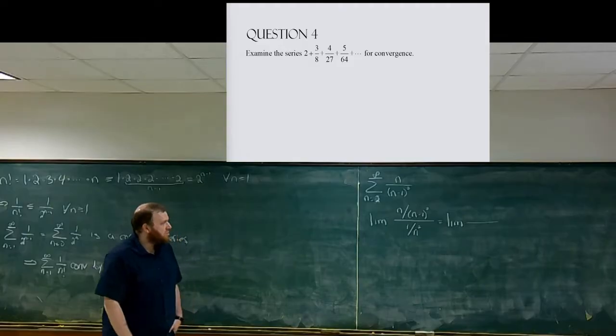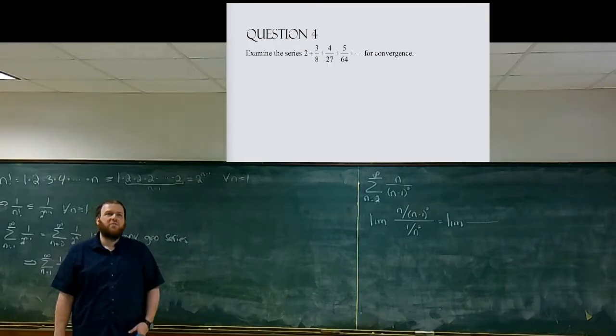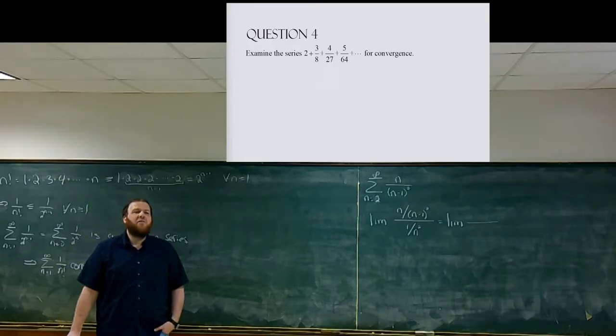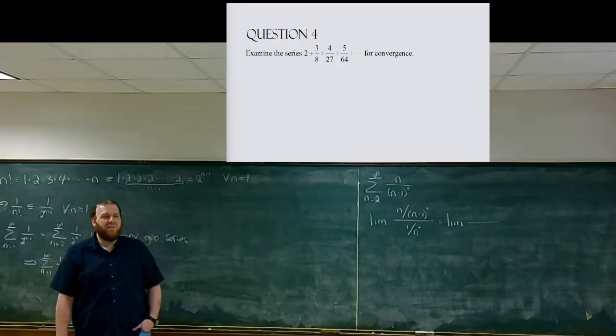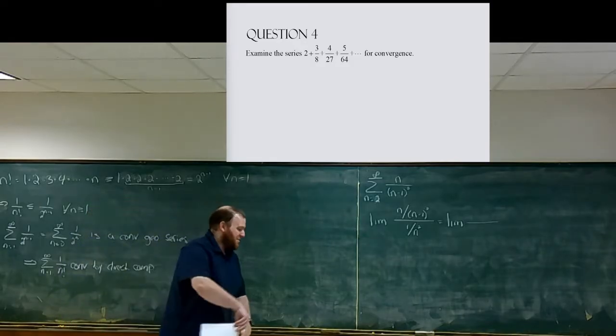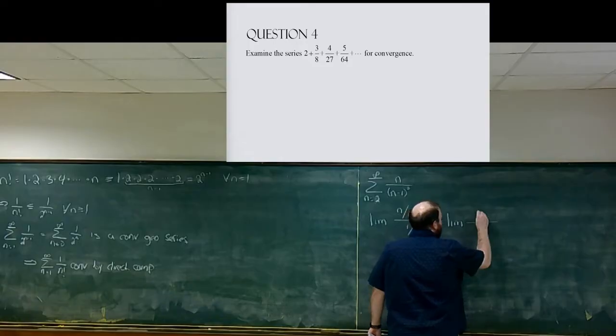N over n squared. How do you divide fractions? Multiply by the reciprocal. And then n minus 1 cubed over n.